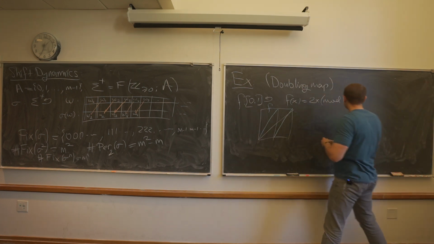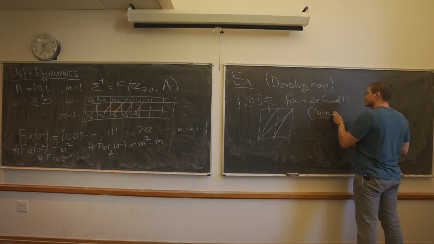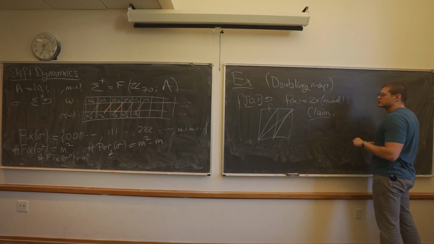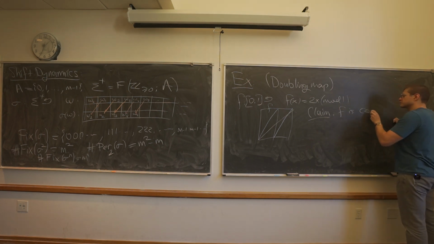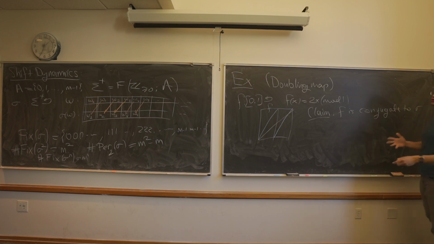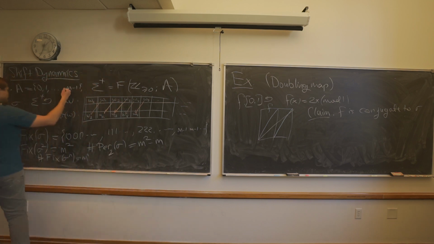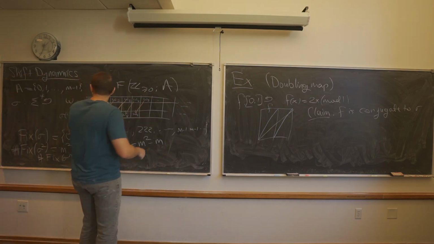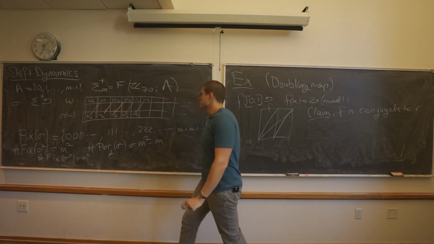So the claim is this is conjugate to shift on two symbols. So instead of general m, I need to choose here m equals 2. Maybe we should put this in a notation, sigma m.